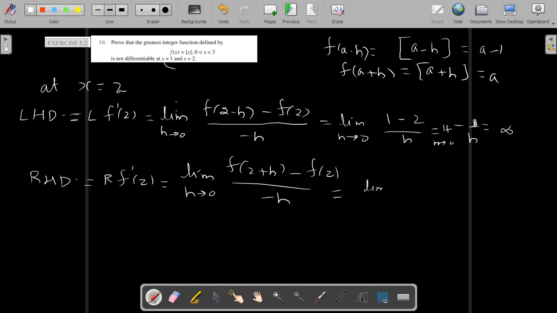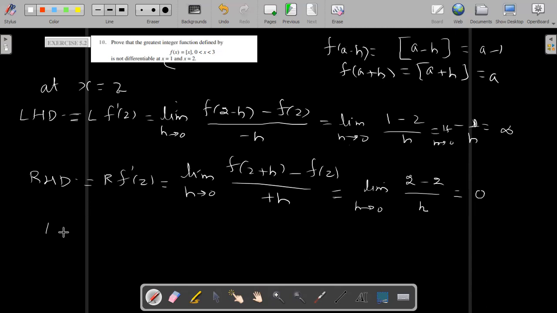So the limit h tending to 0 of 2 minus 2 upon h is 0 upon h, so the answer will be 0.